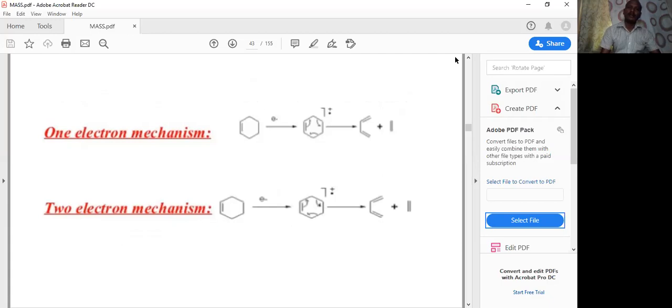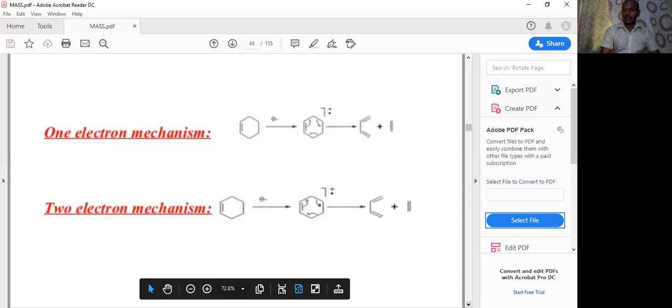The retro Diels-Alder reaction is the opposite of the Diels-Alder reaction, where you have the cleavage of multiple sigma bonds. How many double bonds are there in cyclohexene? One double bond. How many sigma bonds will be cleaved? One, two. Multiple sigma bonds will be cleaved and multiple double bonds will be formed. This is the retro Diels-Alder reaction.